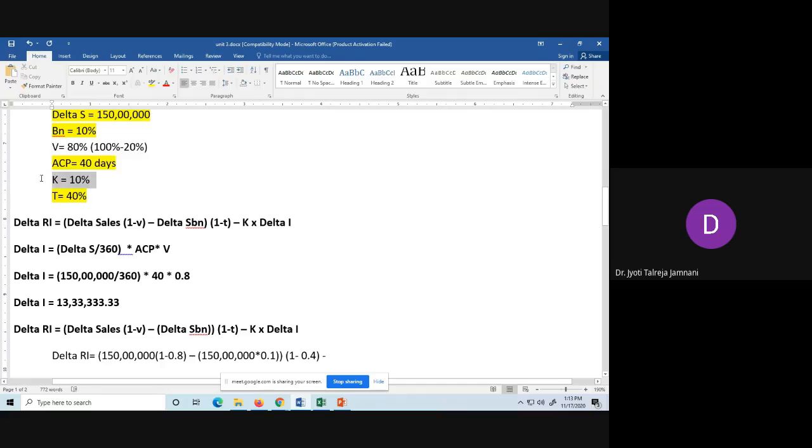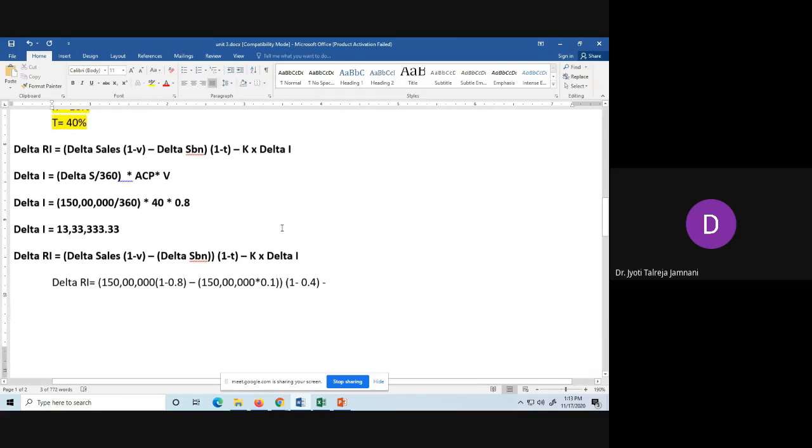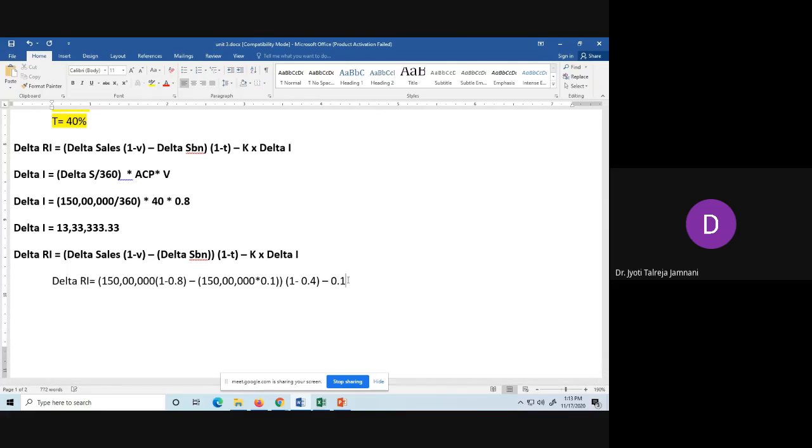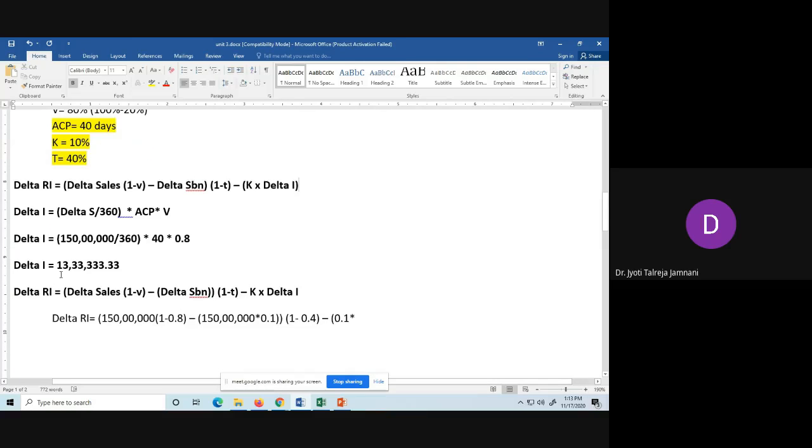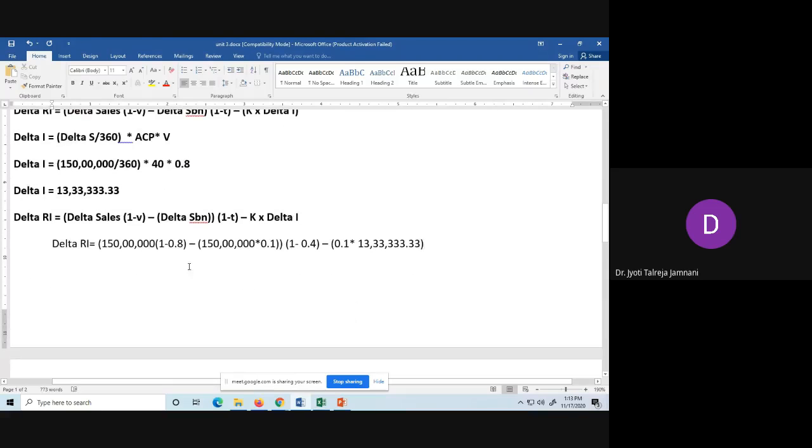K is the cost of capital, that is 10%, which will again be 0.1. So here is the formula, K into delta I. We have already found the delta I value in the previous step: 13,33,333.33. This is the delta I value.